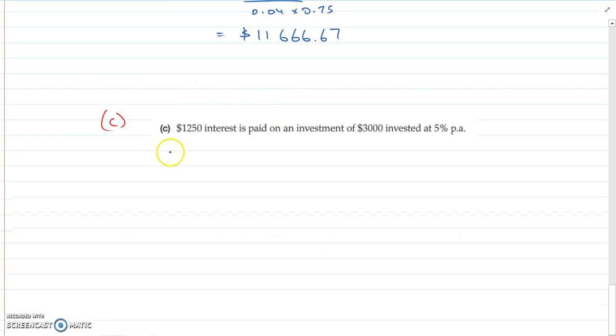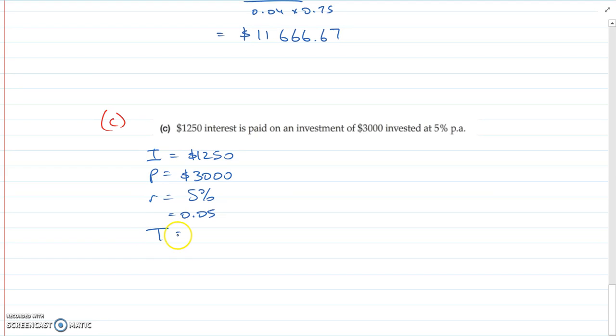$12.50 interest is paid. Okay, I equals $12.50. An investment of $3,000. That's how much we invested, so P is $3,000. R is 5%, which is 0.05, and T is the one we don't know. I equals PRT.